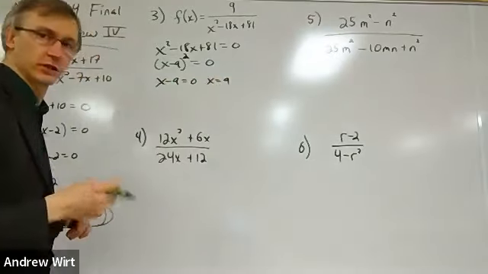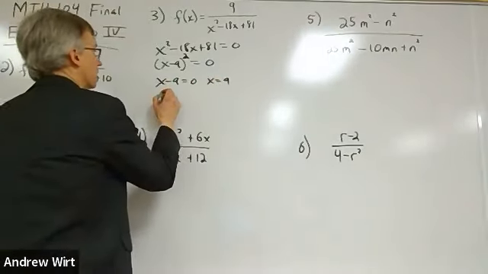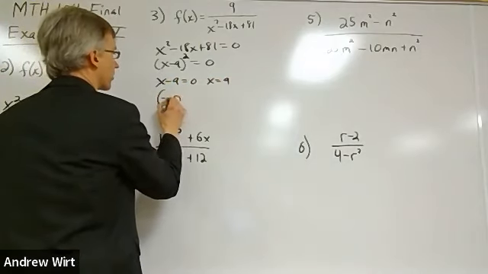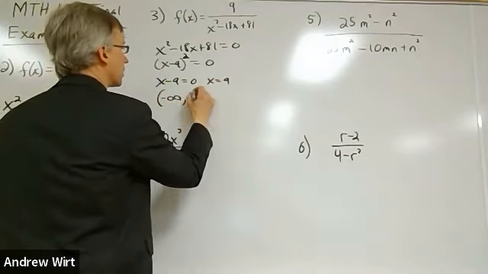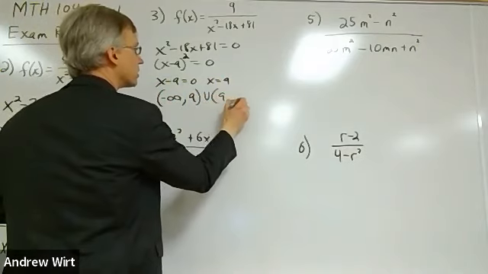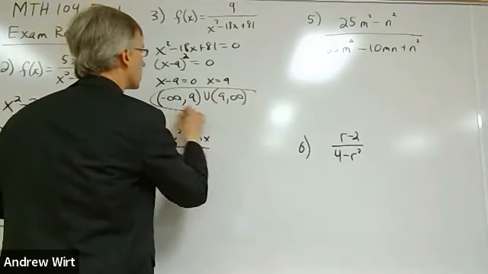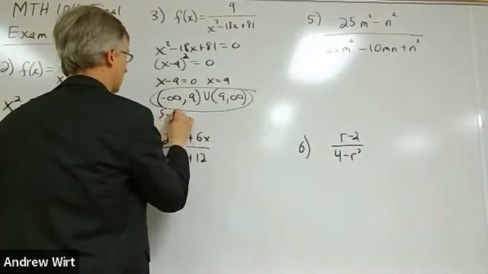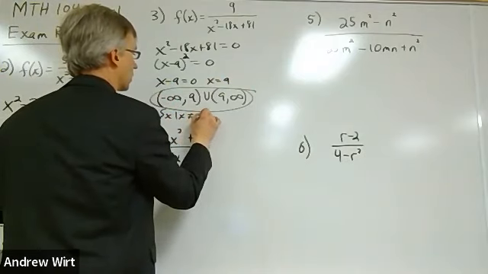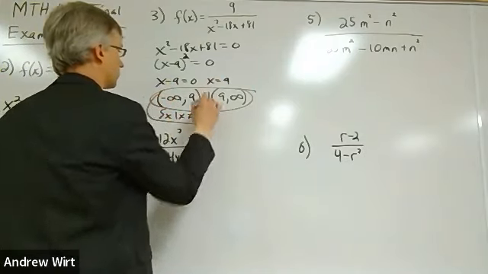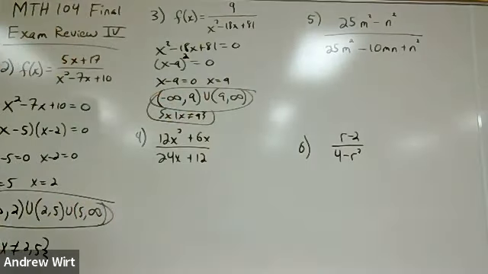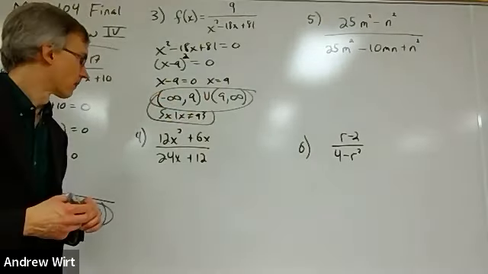So 9 is excluded from the domain. So since there's only one number, we'll only need 2 parts to the interval notation. All real numbers except 9.